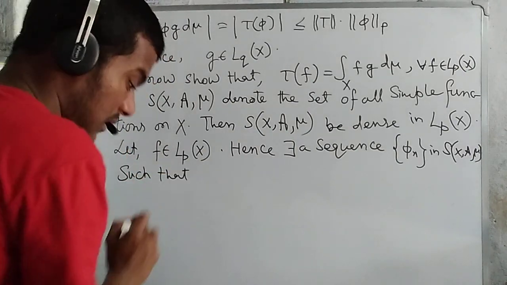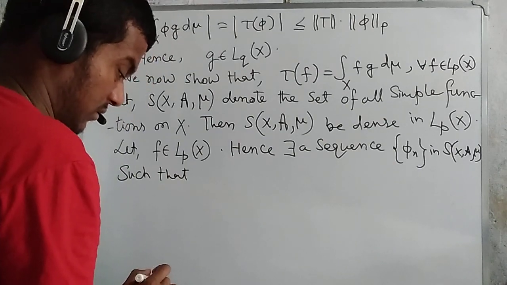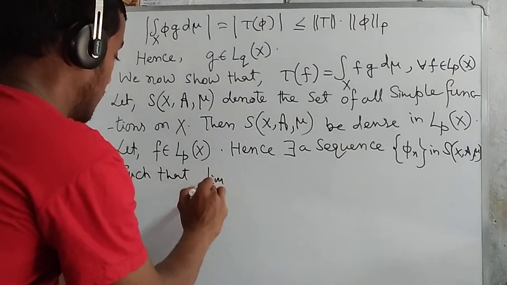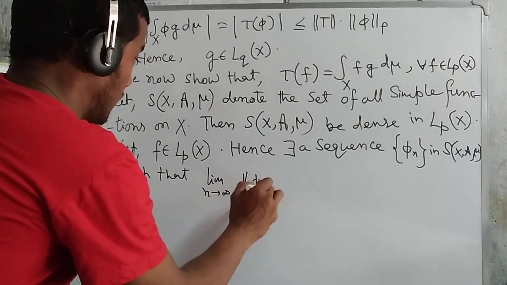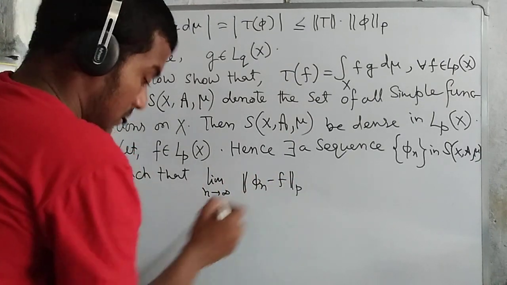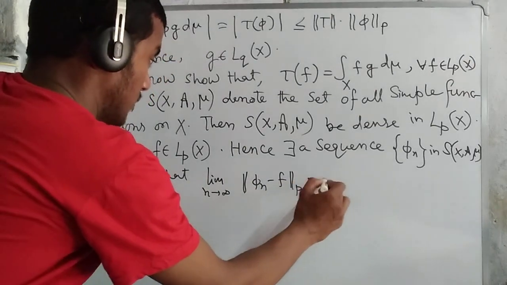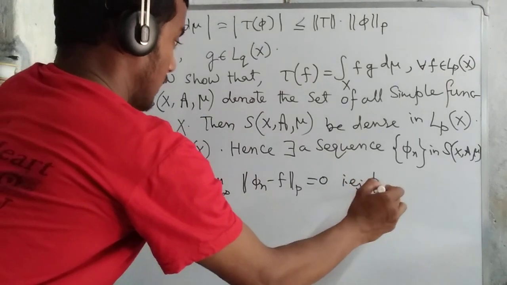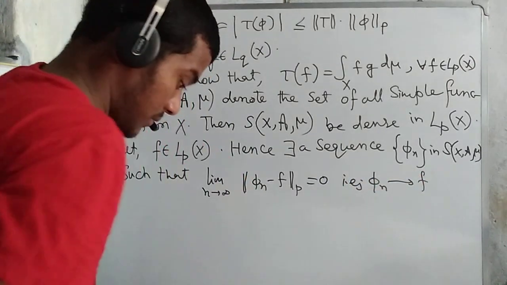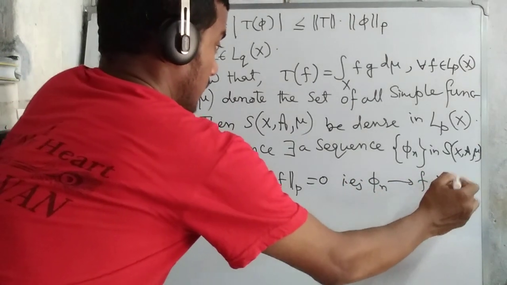Such that the limit as n tends to infinity of the norm of phi_n minus f in p equal to 0, that is, phi_n converges to f in L^p.